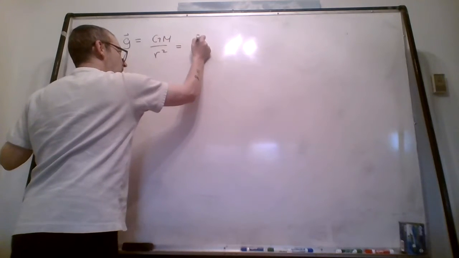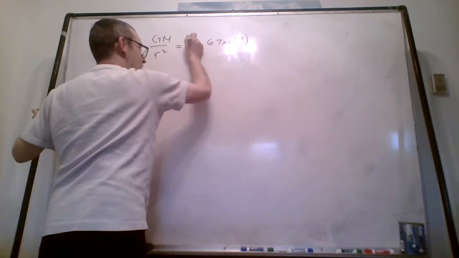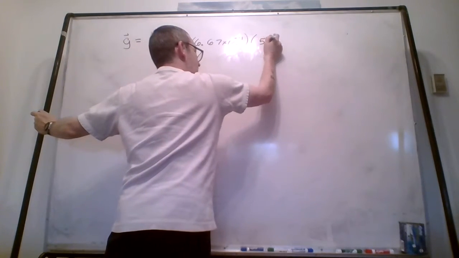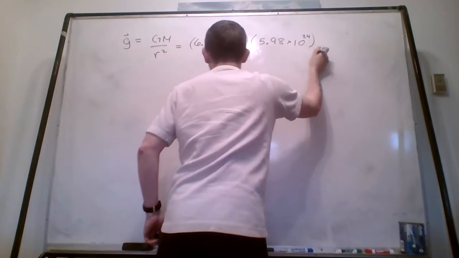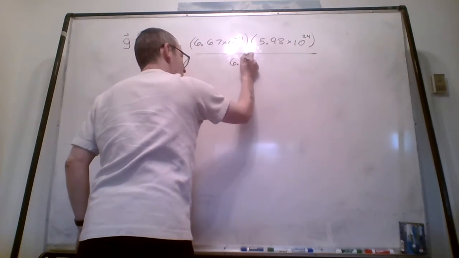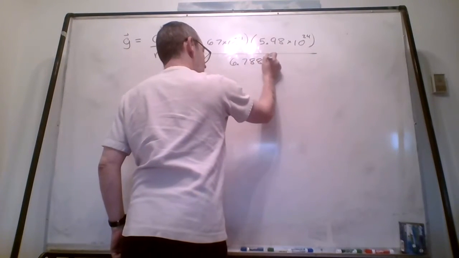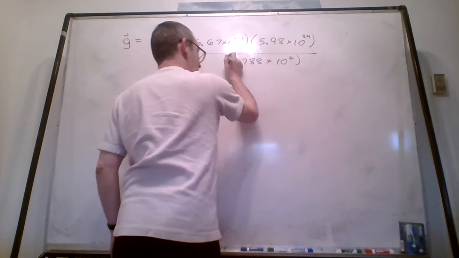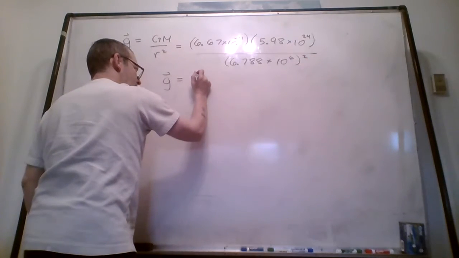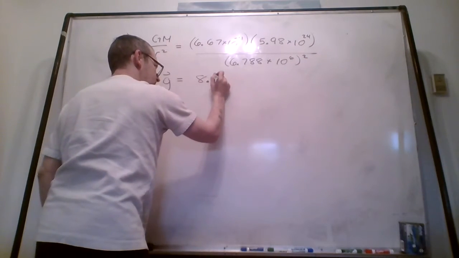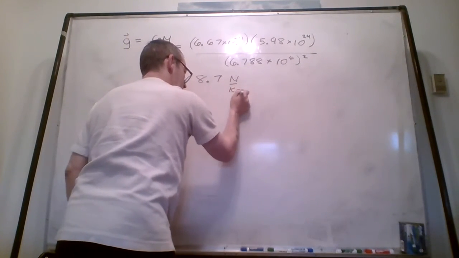Again, big ugly numbers: 6.67 times 10 to the negative 11, and then the mass of the Earth is on the formula sheet, 5.98 times 10 to the 24, and then this radius squared, 6.788 times 10 to the 6, squared, giving us g equals 8.7 newtons per kilogram.